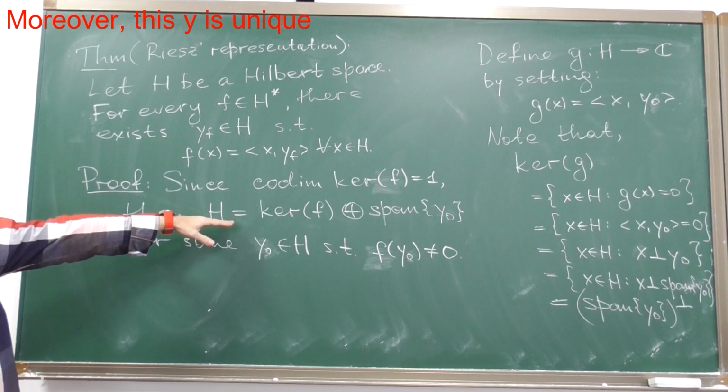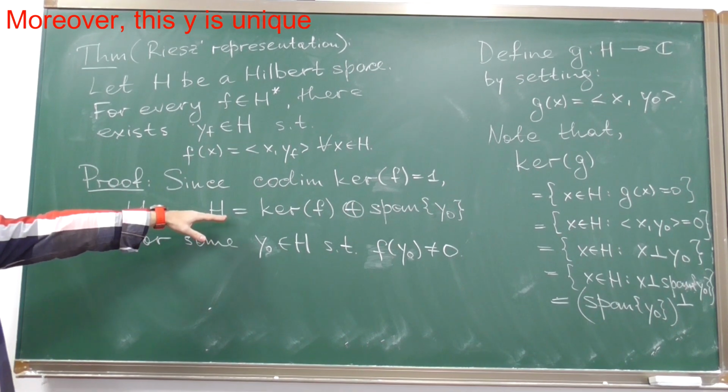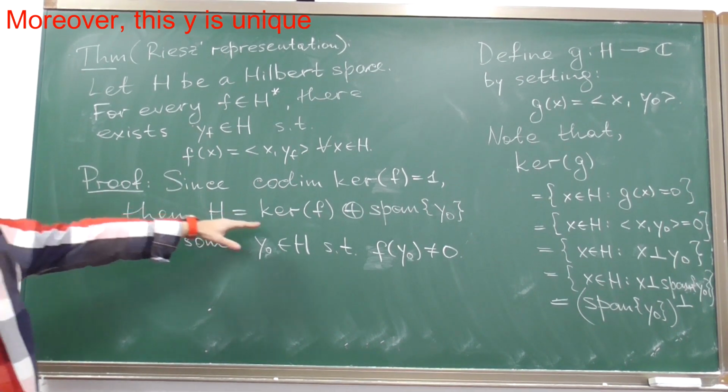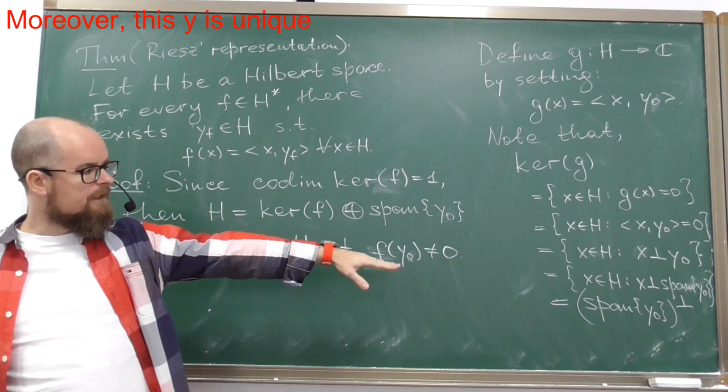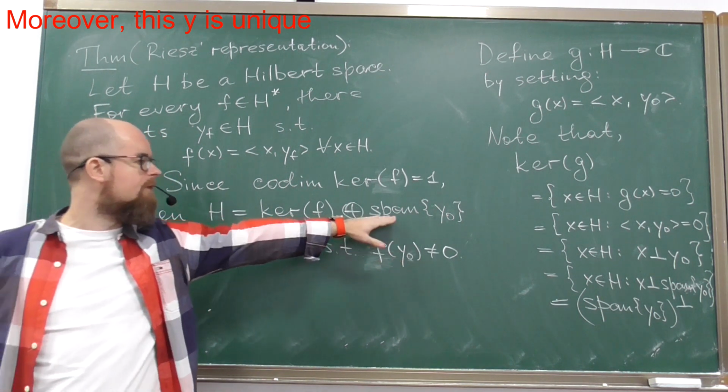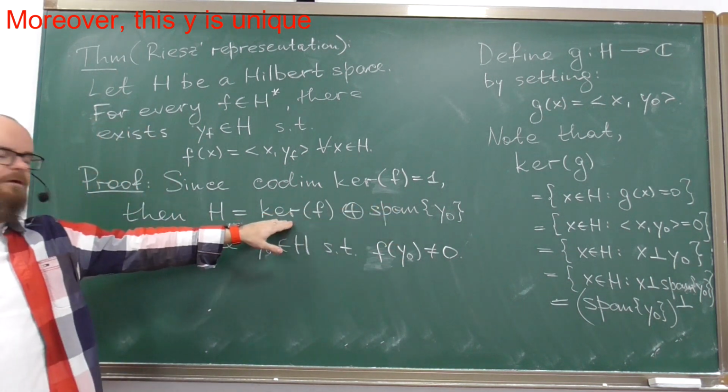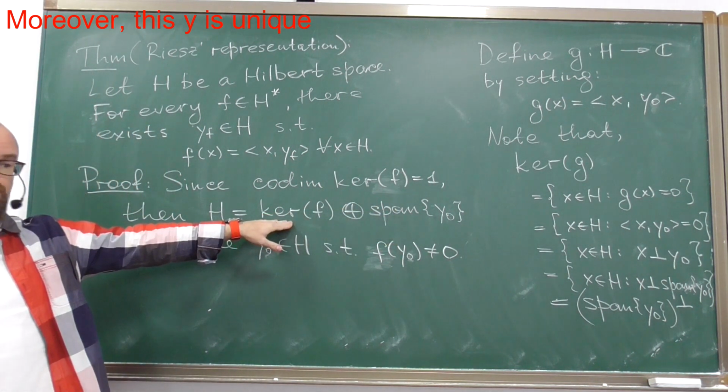But we have this representation of H as a direct sum of span of y0 and the kernel. So what is then the orthogonal complement of this? That's the second summand in this sum. So it's the kernel.